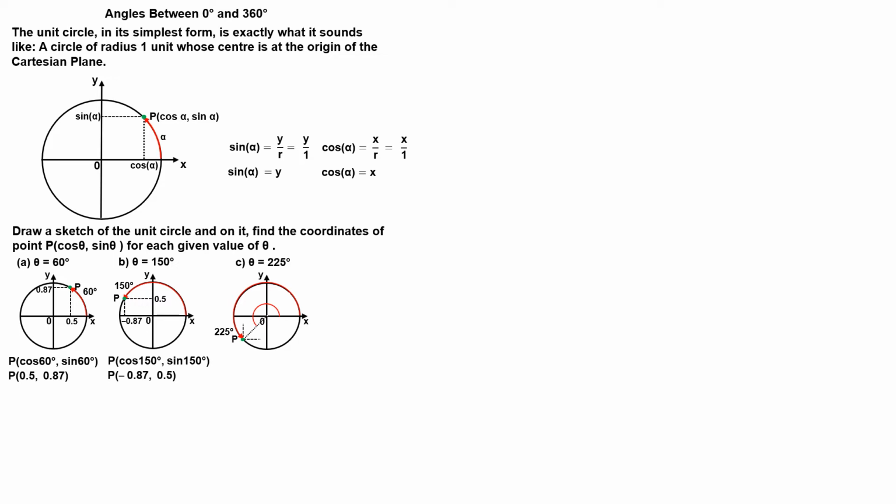You use your GDC to find the values of the cosine of 225 degrees and sine of 225 degrees. Cosine of 225 degrees is minus 0.71 and sine of 225 degrees is minus 0.71.